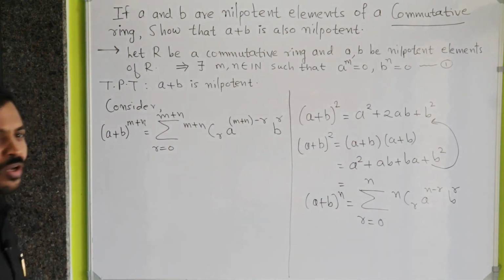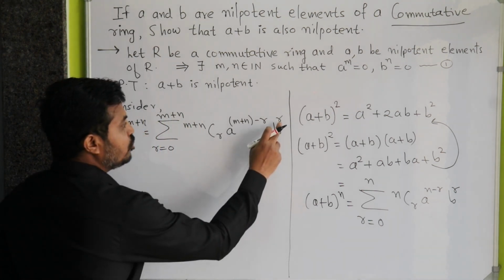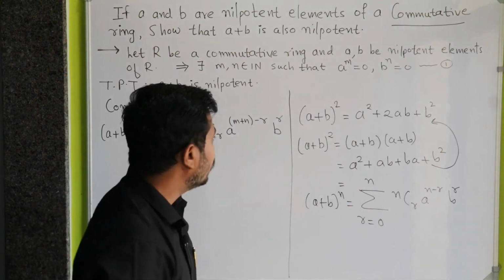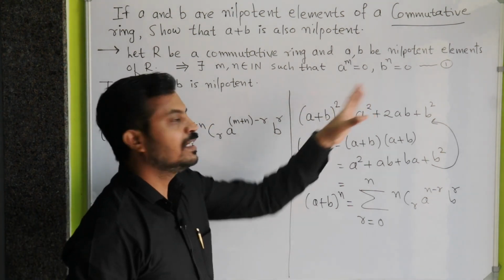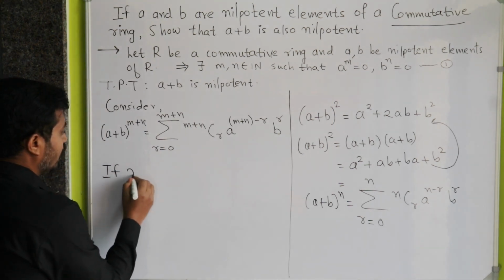Now here we are going to make two cases. The first case is we will assume that the value of r is greater than n, and the other one is if the value of r is less than or equal to n.